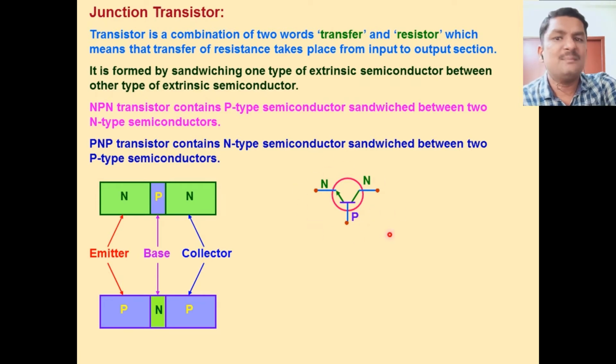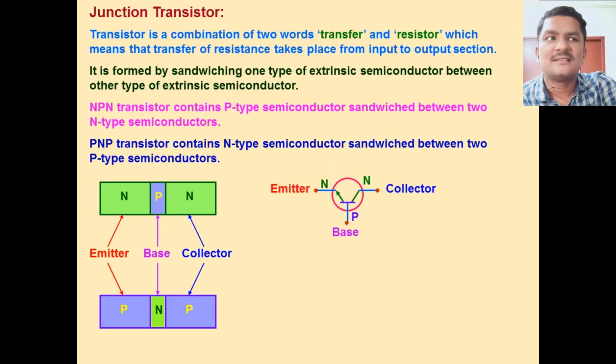This is the symbol of an NPN transistor, and in the diagram the arrow represents the direction of conventional current. So in the case of an NPN transistor, the conventional current is from base to emitter.